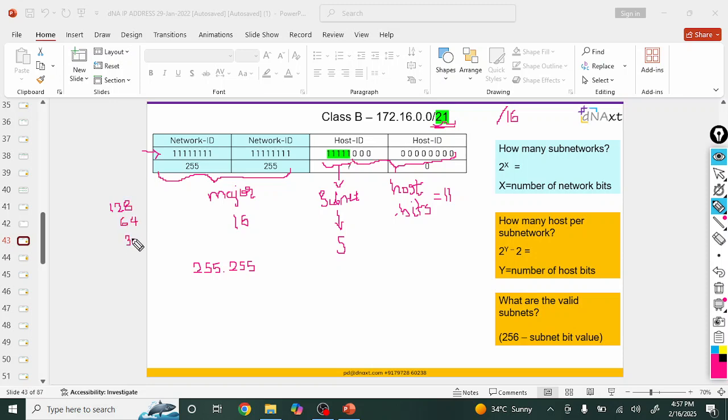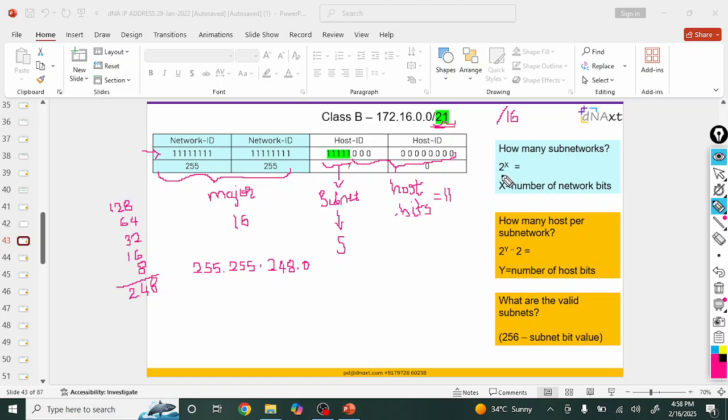Third bit value is 32, fourth bit value is 16, and fifth bit value is 8, and total comes out as 248. Since 5 bits are on in the third octet, the value in decimal format is 248.0.